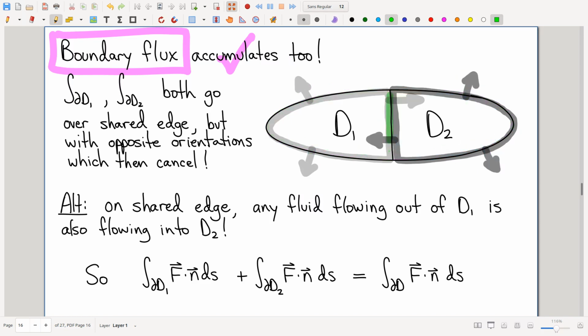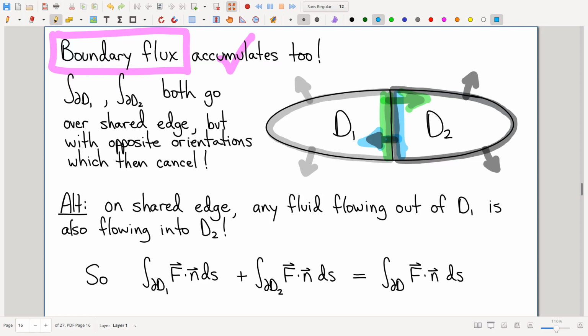On this shared edge, there is a part of the boundary of D1 flux term that way, and there is, on that same shared edge, outward from D2 flux term as well. And morally, just like we saw with the analogous argument with circulations, same edge appears twice with opposite orientations, which therefore have exact negative values of each other, and they cancel.